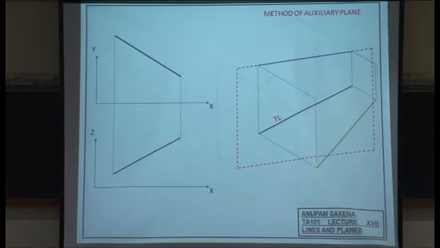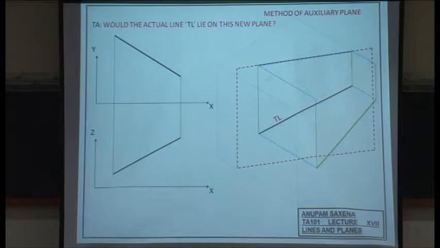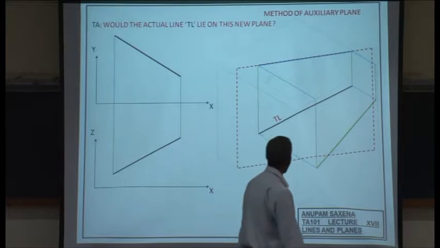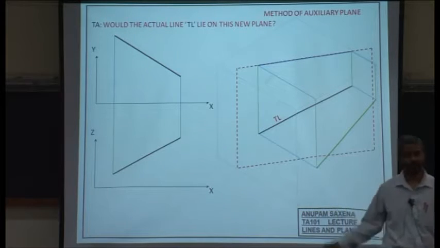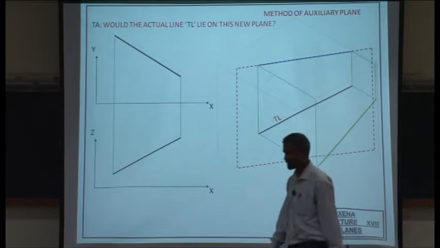Or no? Rather, let me rephrase, would that black line actually lie on that plane? Do you all agree? So if I view that line from that plane, dotted plane, will I be getting the true length of the line? Yeah? Okay. Good. Do you all agree?